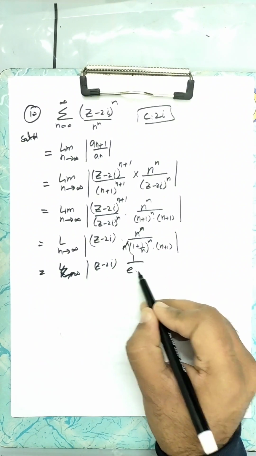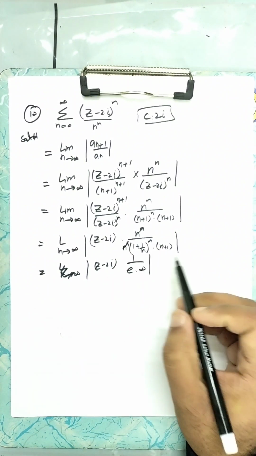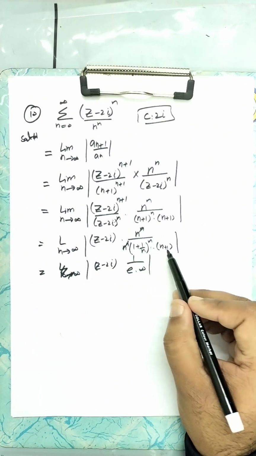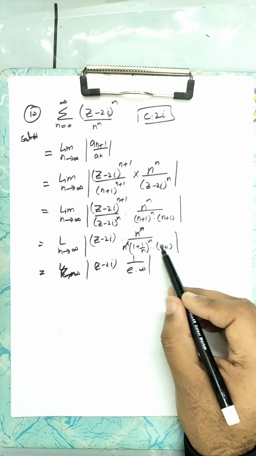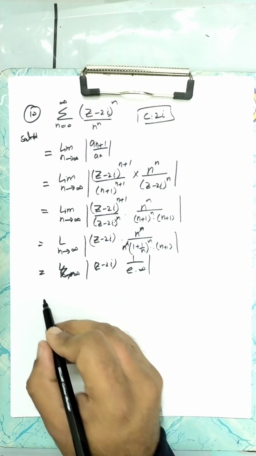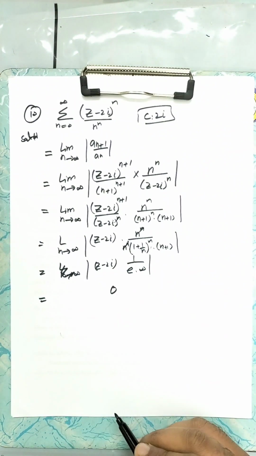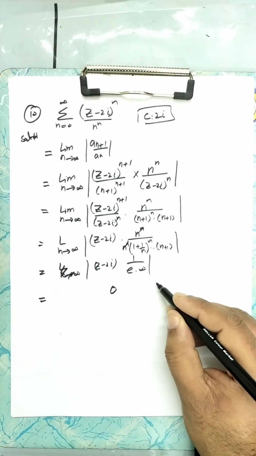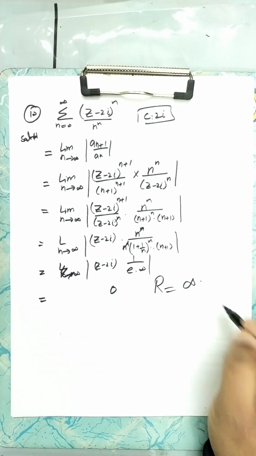So this is e times infinity. The limit of this term is e, and infinity plus 1 is infinity, so this whole becomes 0. So the limit is 0, so the radius of convergence is infinity.